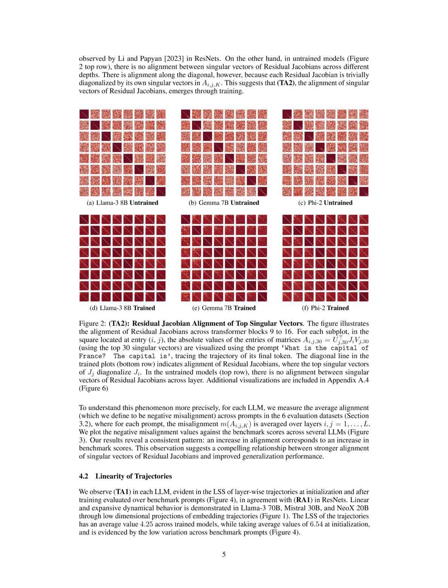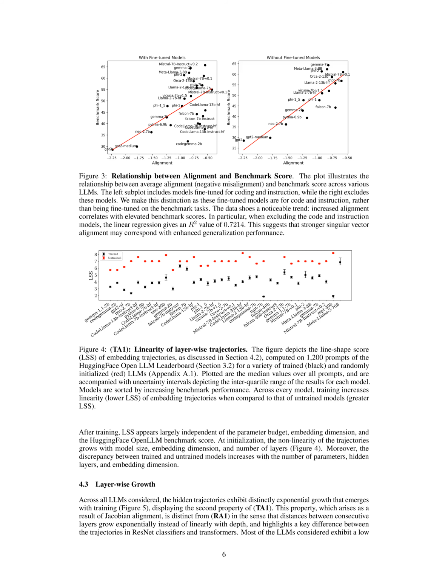7. The method then evaluates the correlation between the alignment of residual Jacobians, singular vectors, and generalization performance across various LLMs. 8. It also examines the impact of training on the emergence of residual Jacobian alignment, linearity, and exponential growth in hidden trajectories. 9.